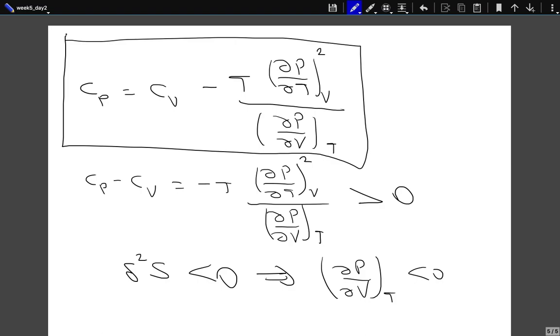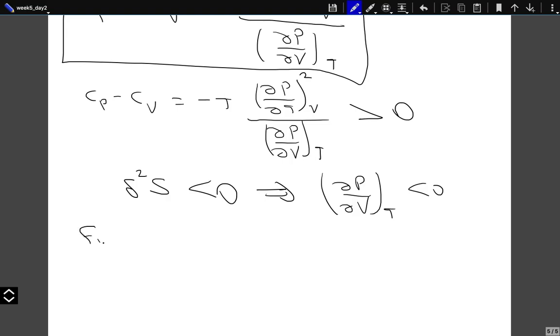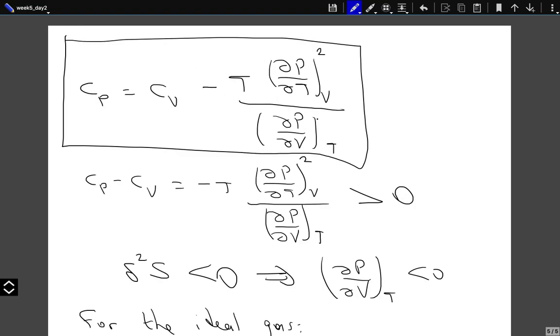Now we can apply it, if you like, to the ideal gas. Now what do we need? We need dP by dV at constant temperature.